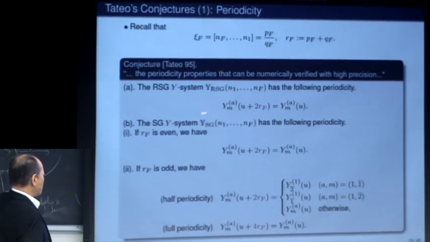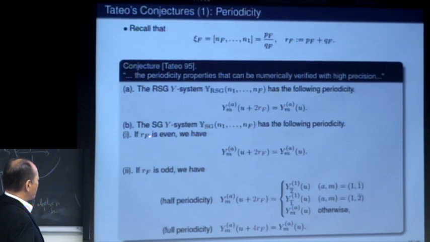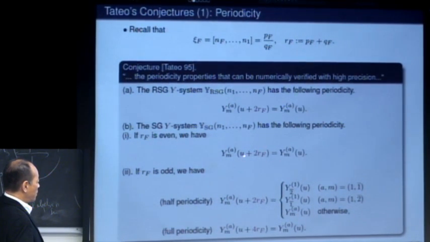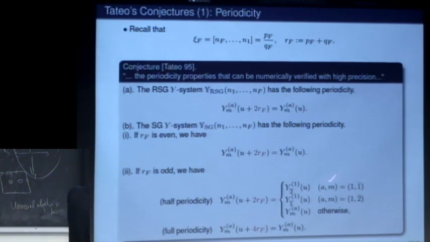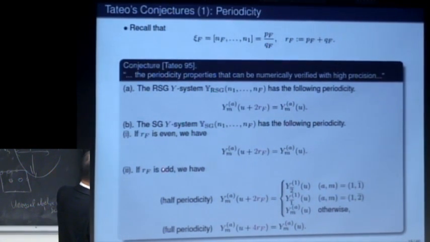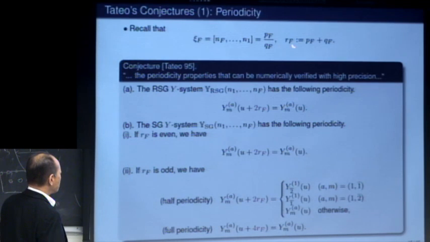For the sine-Gordon case, it's a little bit complicated, but depending on the parity of this number, it becomes a full period or a half period. But if you multiply this, then it becomes a full period. The point is, twice of this number is either a full period or a half period.